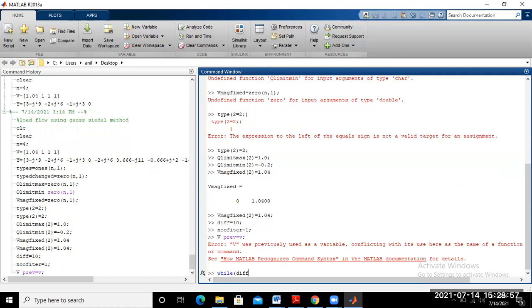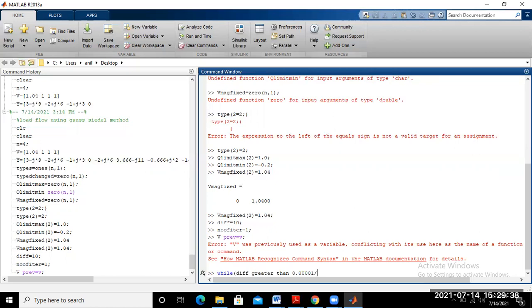We can write the greater than symbol here, greater than 0.001.